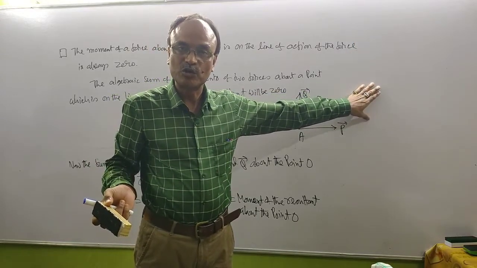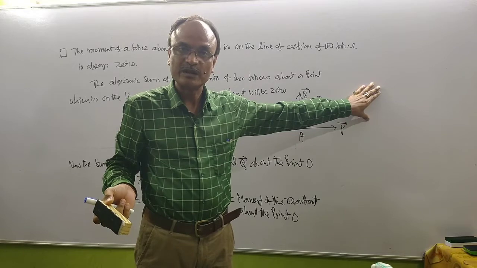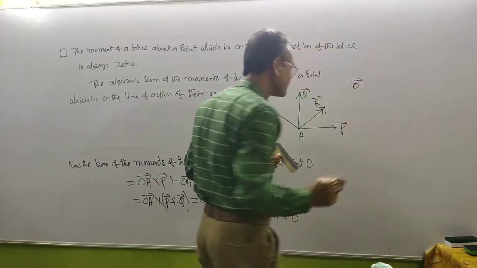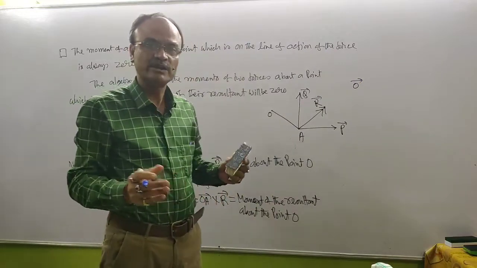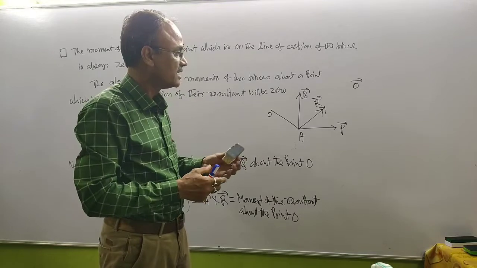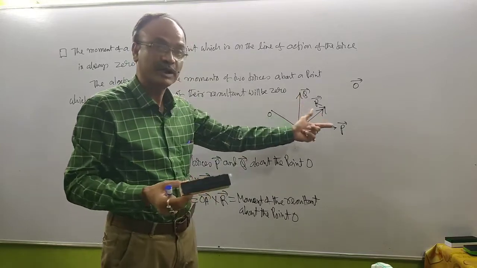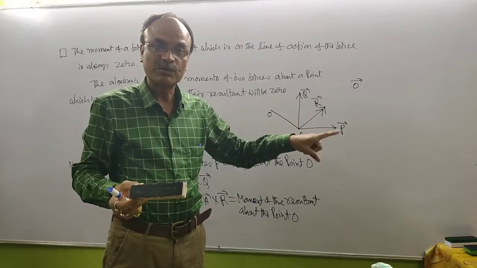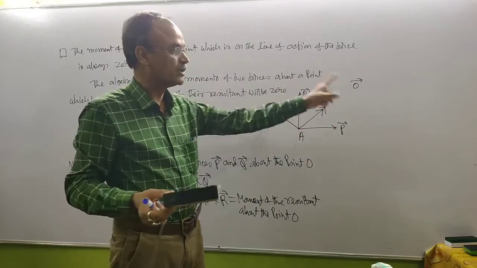The moment of the force which is 0 about any point will be equal to 0. Therefore, if the forces are in equilibrium, then the algebraic sum of the moments of the forces about any point will be equal to 0.